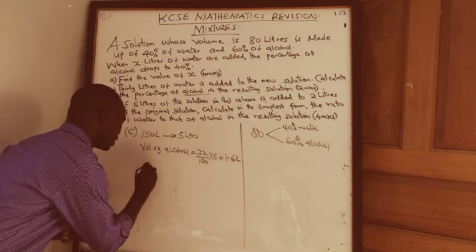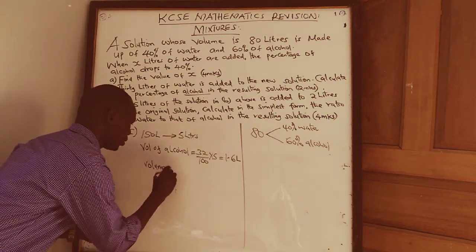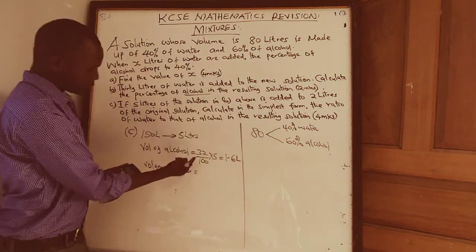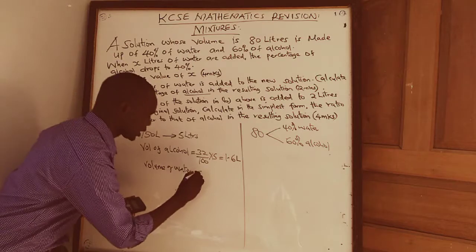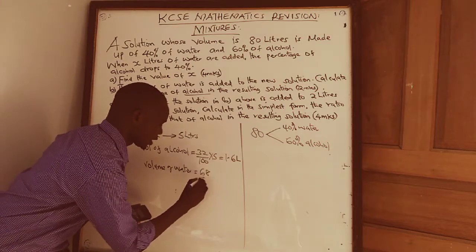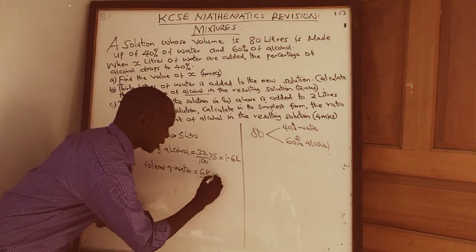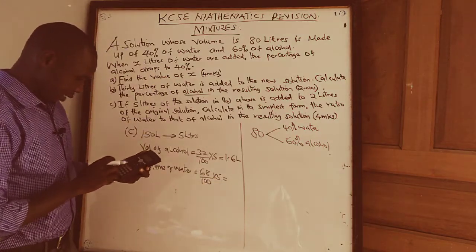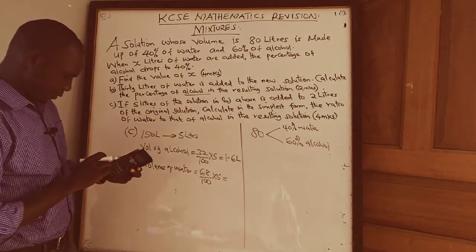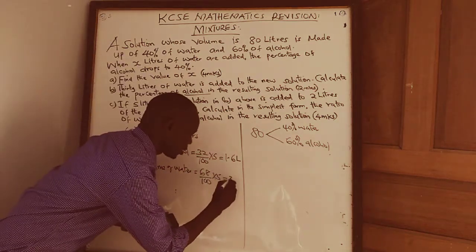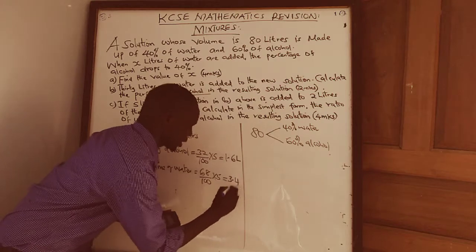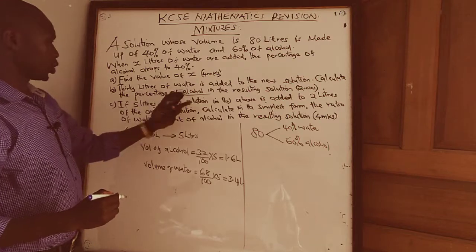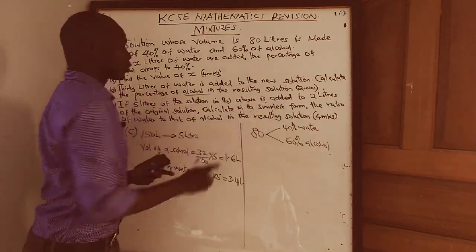Then the volume of water in the 5 liters: since the percentage of alcohol is 32%, the percentage of water is 68%. 68% times 5 gives us 3.4 liters.